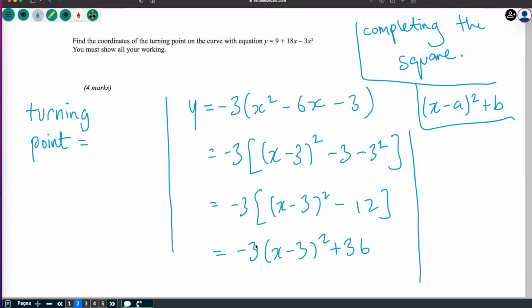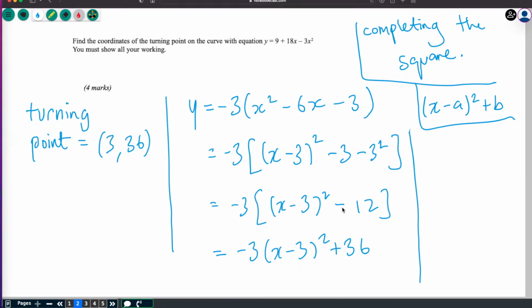So in this case, it's going to be (3, 36). So the default in the brackets is negative, and the default outside of the brackets is positive. Yes, you flip the inside brackets.